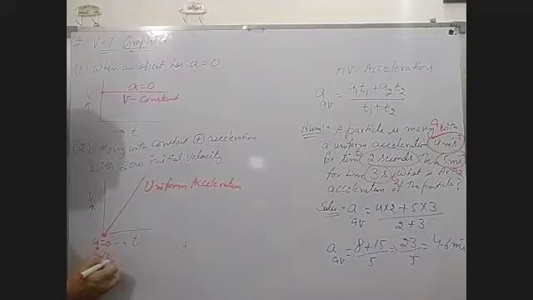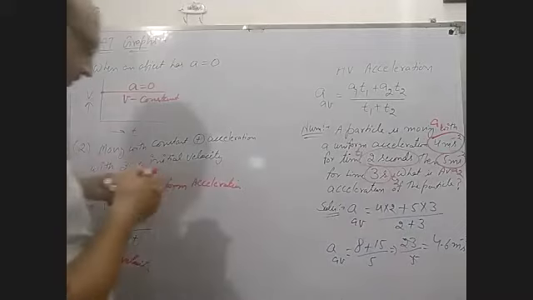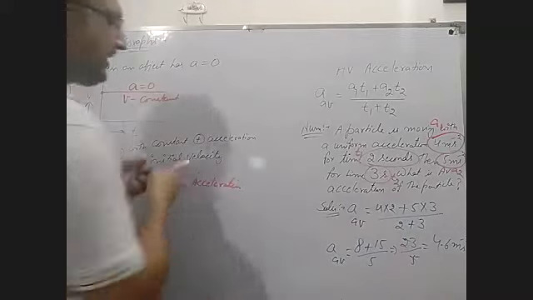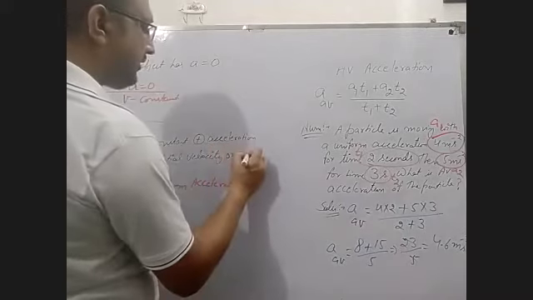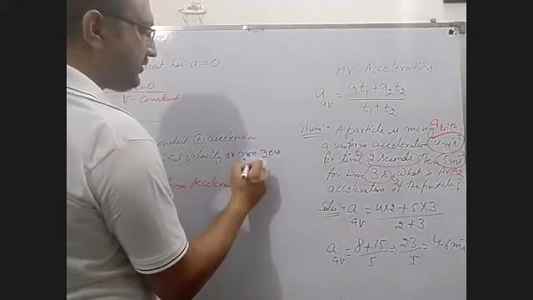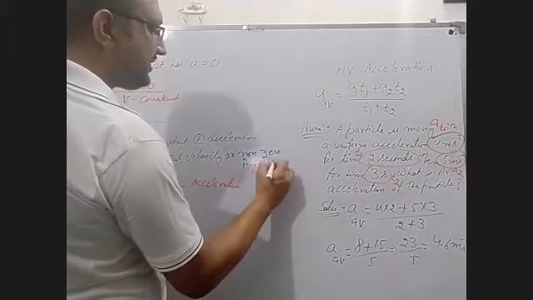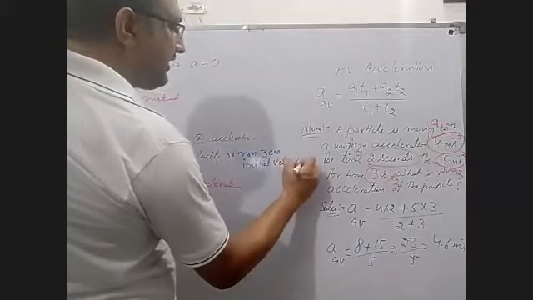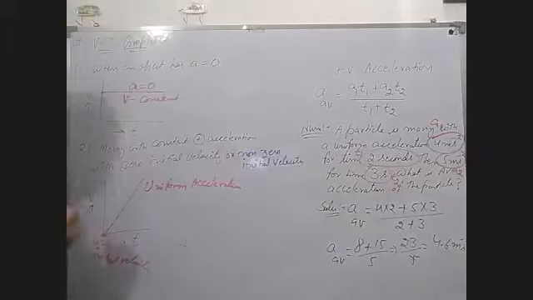Okay. But what happens when initial velocity is not 0 and there is some positive value? What happens if non-zero initial velocity is there? Then how can you draw the graph for that?